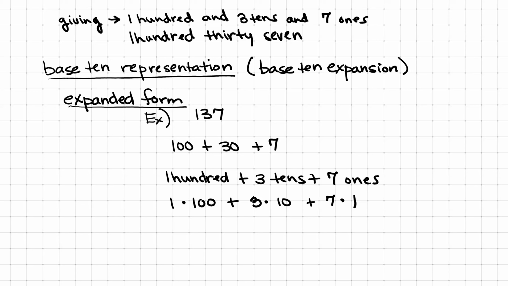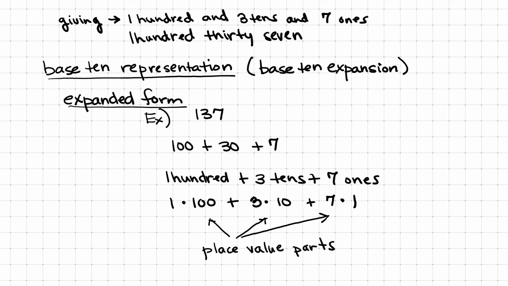Now, what the expanded form shows us is how the number 137, in this case, is composed of its place value parts. And this is important because although the base 10 system is really efficient and practical, we sometimes have difficulty learning the written names of the numbers because you have to keep the place values in mind.